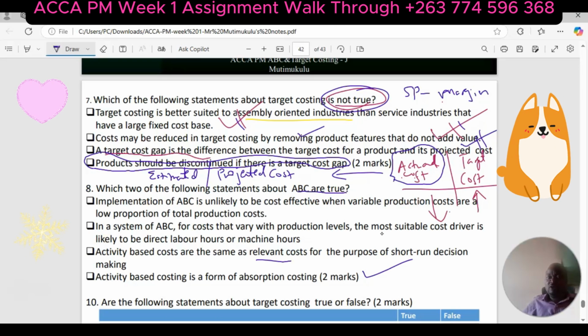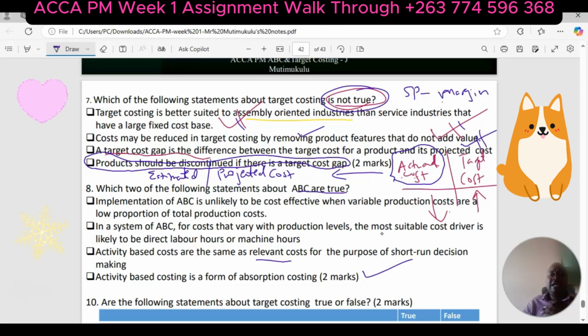The normal overhead costs. We got more insight in terms of absorbing the overheads. But it's still the same old absorption costing. So the last option is correct.